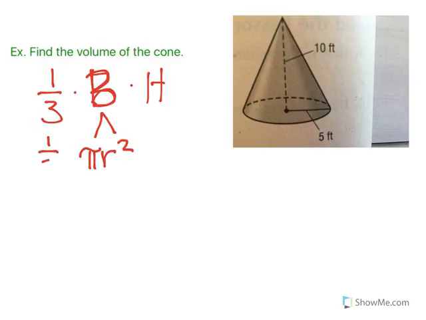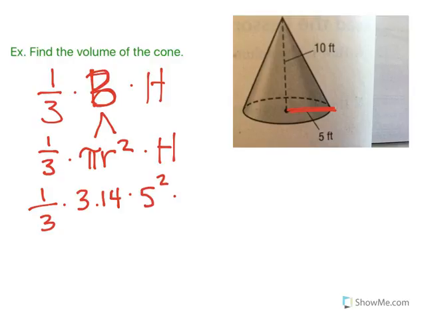So I can rewrite this formula as 1/3 times pi times the radius to the second power times my height. So I'm just going to plug in what I know. I'm going to bring down the 1/3 times pi, which is 3.14, times my radius. My radius is right here. So 5 to the second power times my height, which is 10. Following order of operations, I'm going to make this 25.